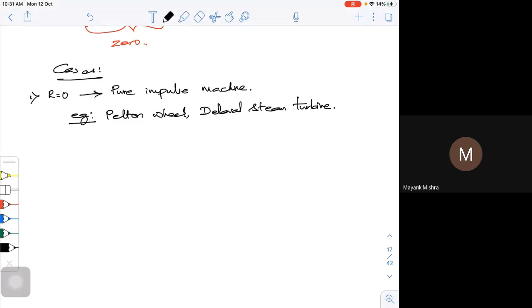So what happens here? There exists only the kinetic energy, and I don't have any reaction or static pressure. Now a pure reaction machine, like the lawn sprinkler I told you about, is R is equal to 1. It is a pure reaction machine.